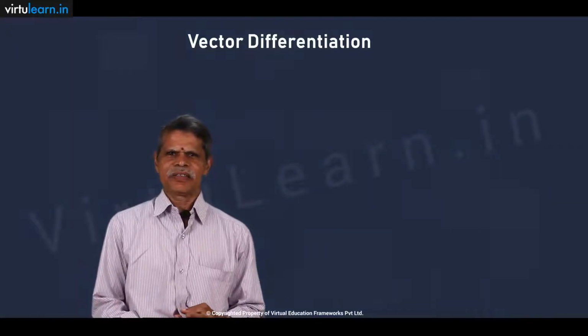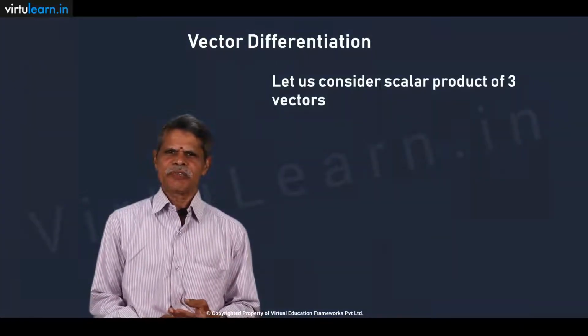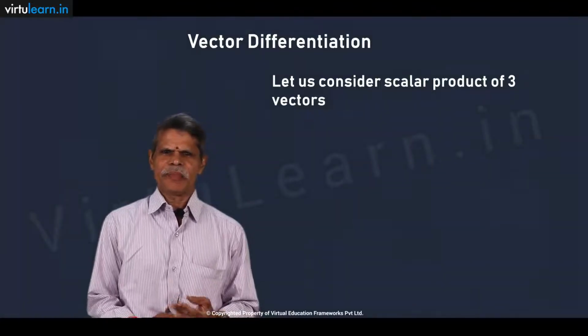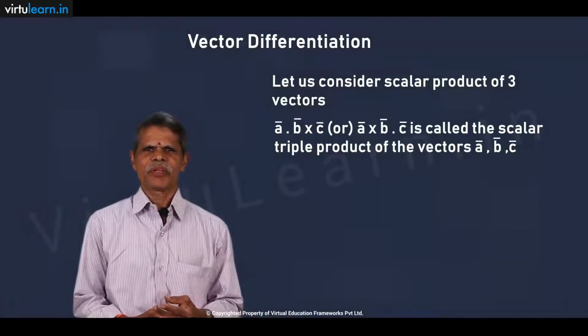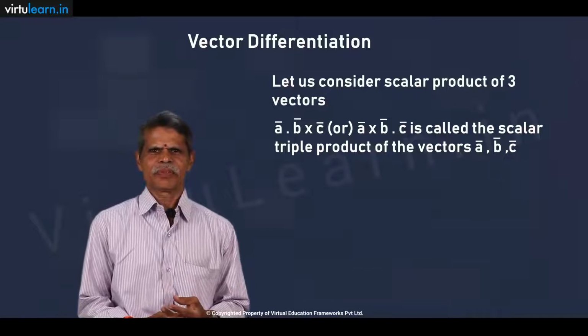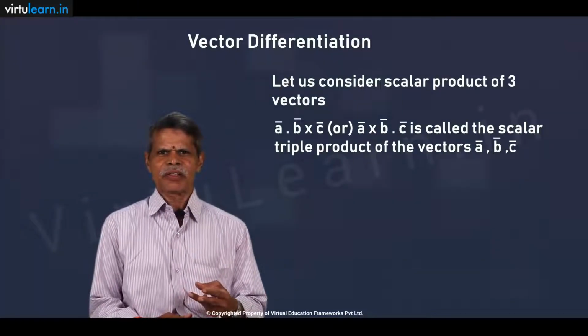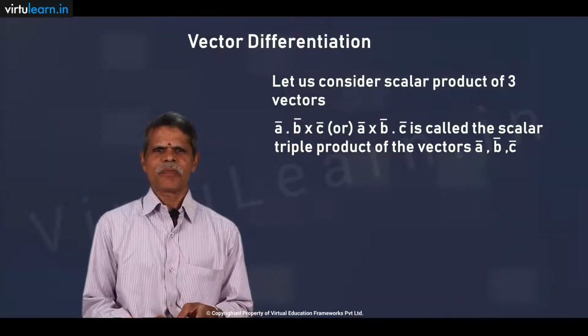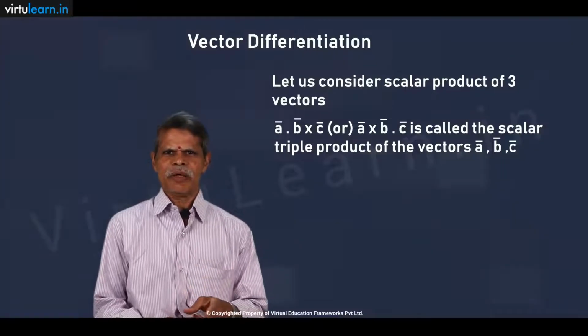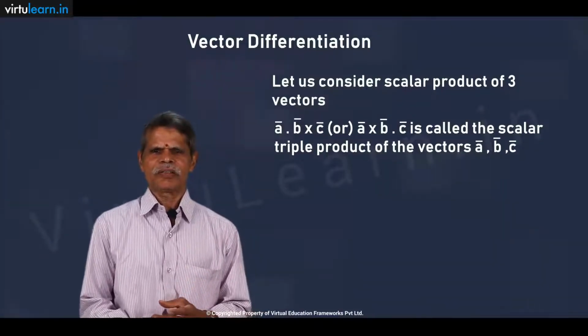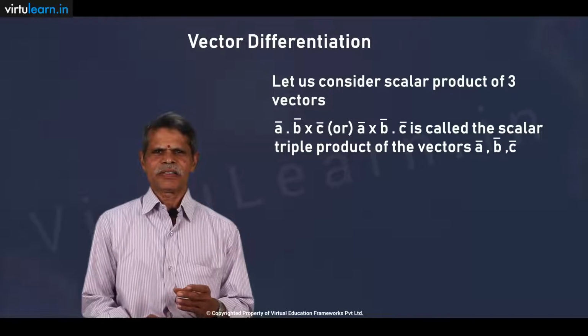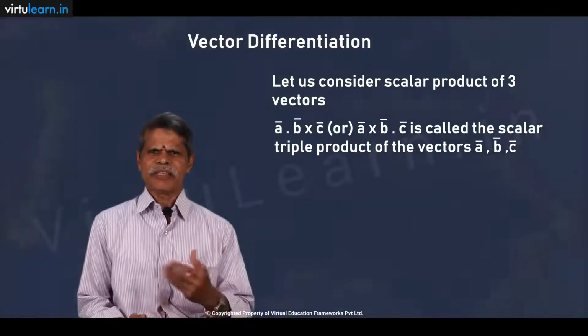Let us recollect two more aspects related to the algebra of vectors. One is the scalar triple product of three vectors. Let A bar, B bar, C bar be three vectors. Then A bar dot B bar cross C bar, or A bar cross B bar dot C bar, is known as a scalar triple product. Why is this name?